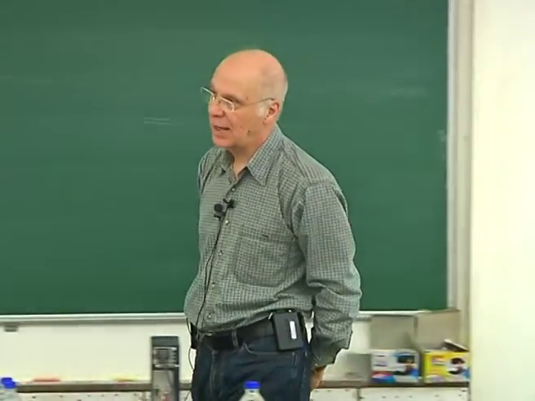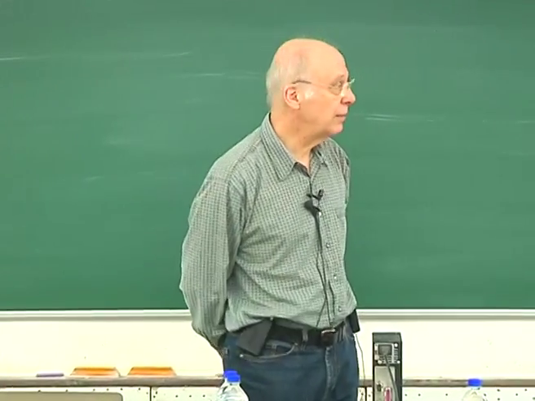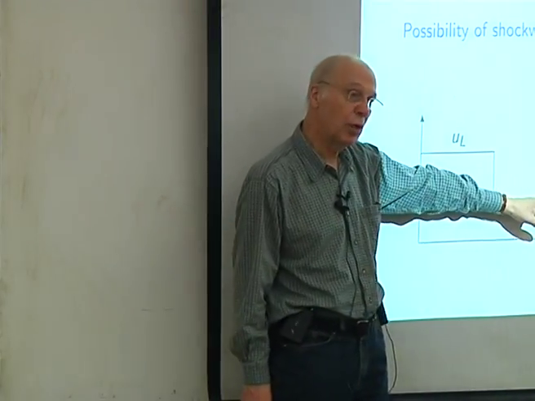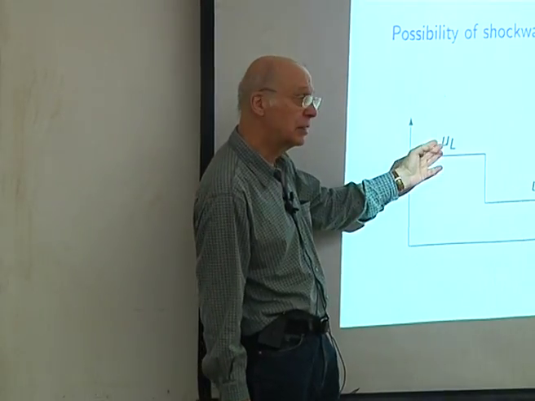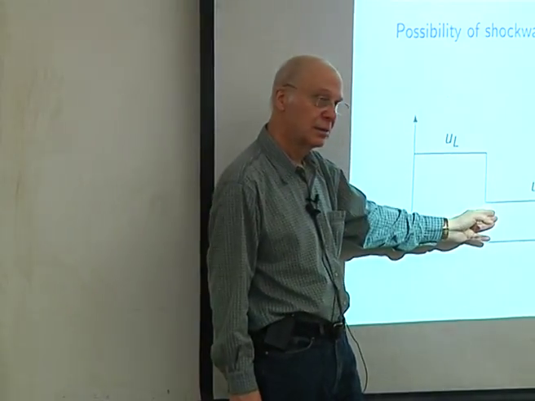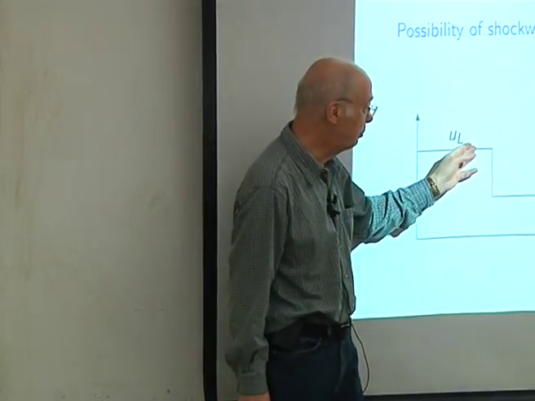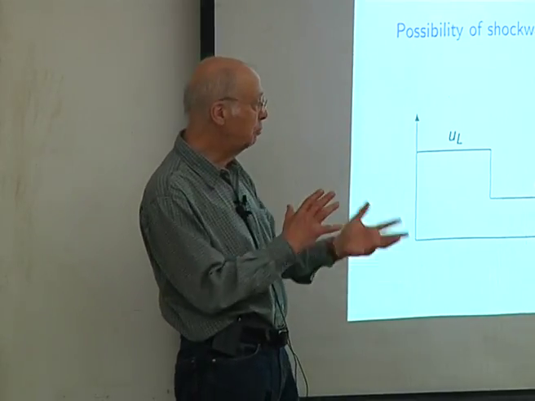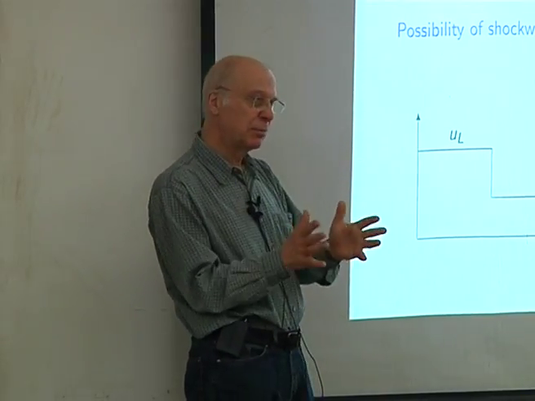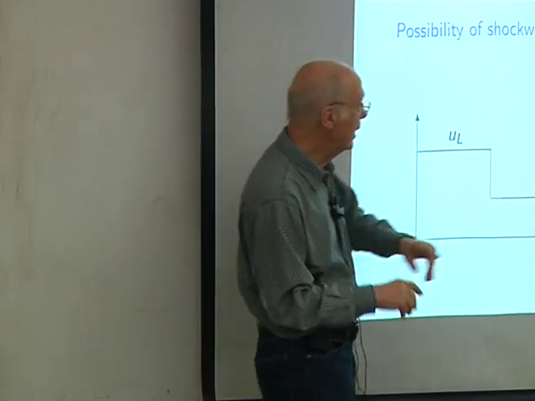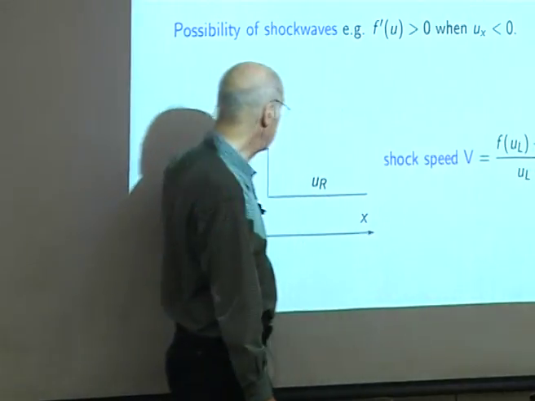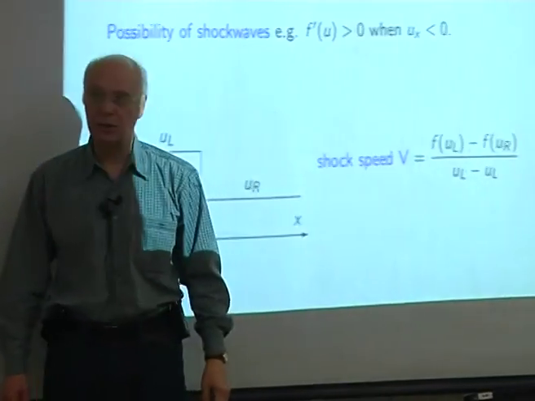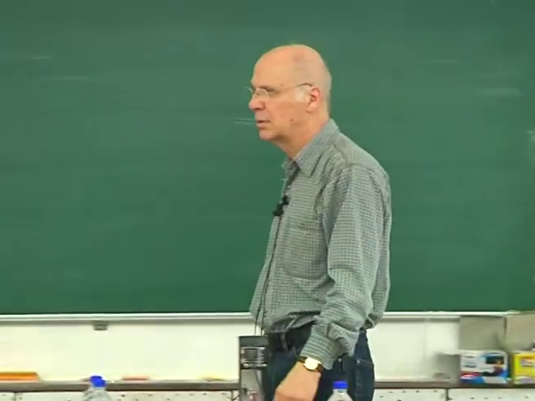Okay. So if you understand shock waves, you will know that if we have u on the left, which is bigger than u on the right, then this is going to go faster than this, so it's going to overtake it. So we have a propagating shock wave, and if you do a steady propagating shock wave, the speed at which the shock wave moves is the difference in the fluxes, the greater flux to the left compared with the flux to the right, divided by the difference in values.